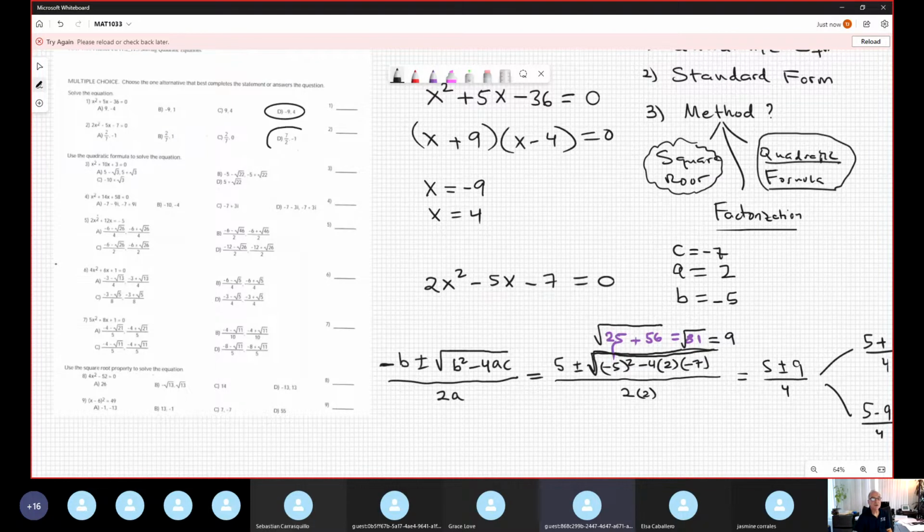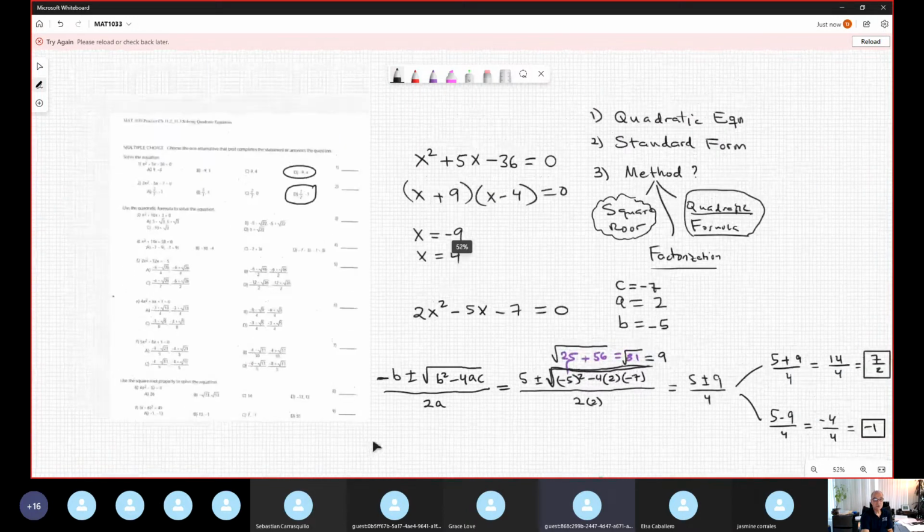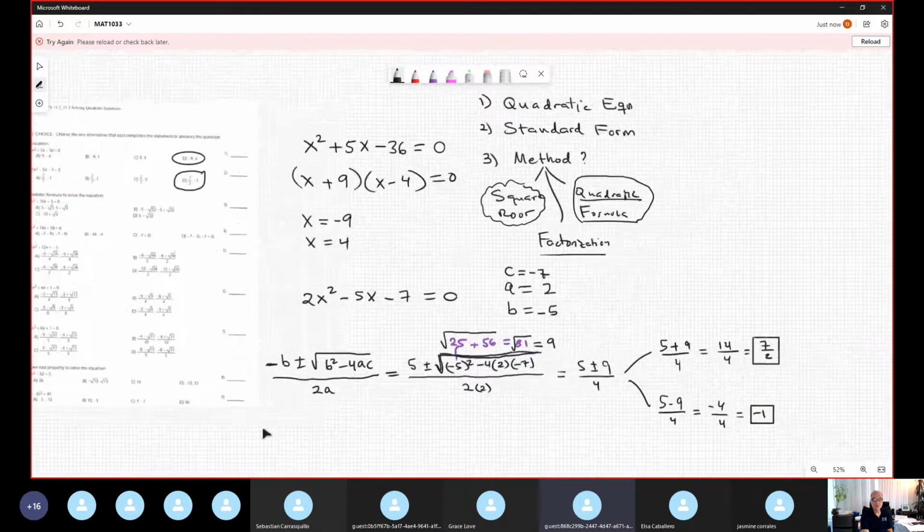Again, option D. Any question? What part is confusing for you? Guys, this is important. You need to know the quadratic formula very well to pass this class. And it continues in college algebra. I promise.